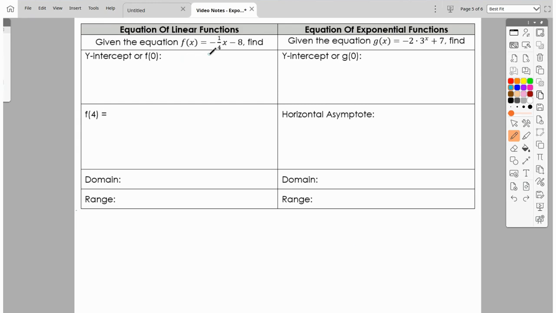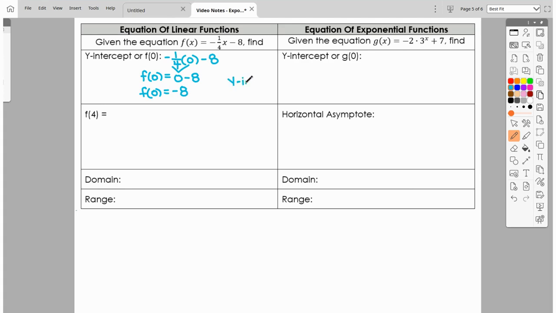So go ahead and keep the negative 1/4, but instead of x, I'll replace it with 0, and I will subtract 8 here. F of 0, again, make sure you do your order of operations, which tells you to multiply negative 1/4 times 0 first, which is 0. And then you subtract by 8 to get f of 0 equals negative 8. That gave you the y-intercept.